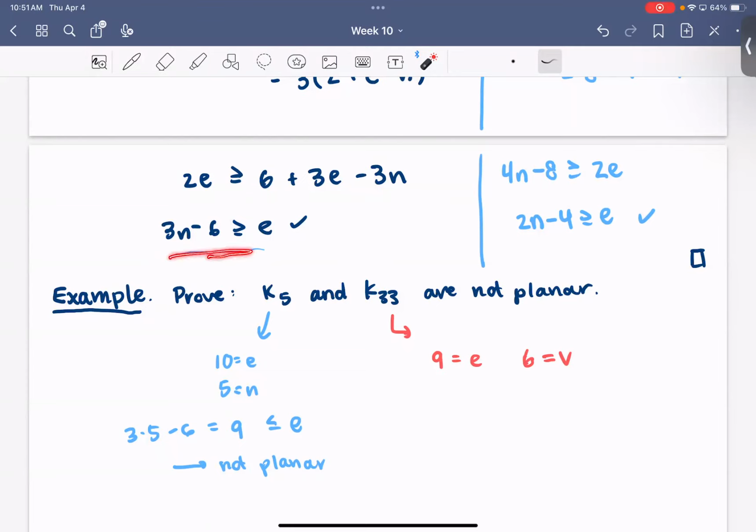Yeah, so I think if you compute this, it passes the test, but K3,3 is also triangle free. So we have this additional one. So let's check that one. So we get 2 times 6 minus 4, which is 8. And that is less than or equal to 9, which is the number of edges. So this is also not planar.